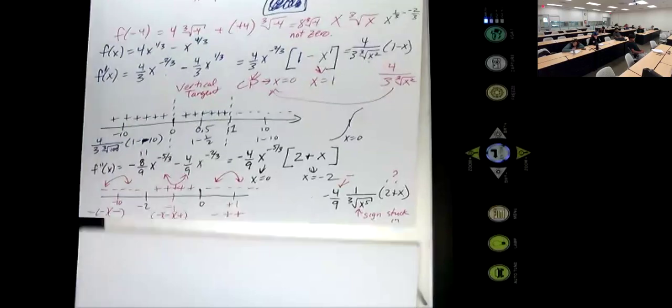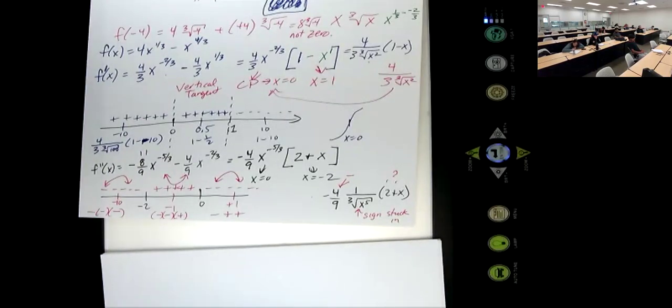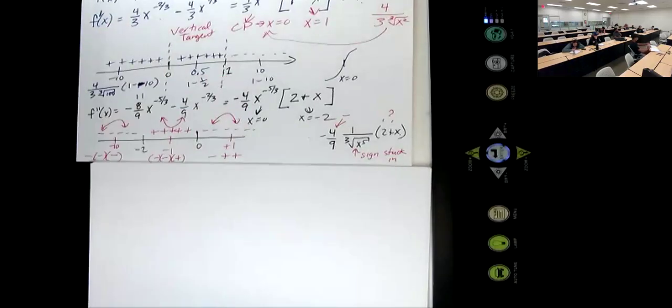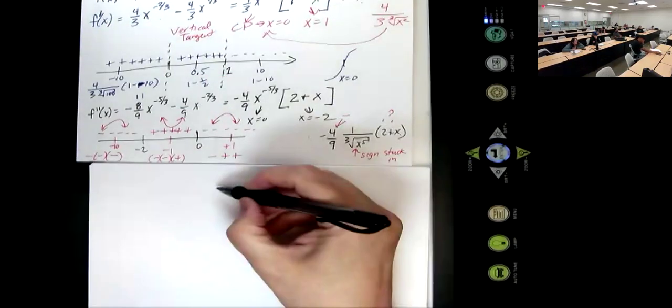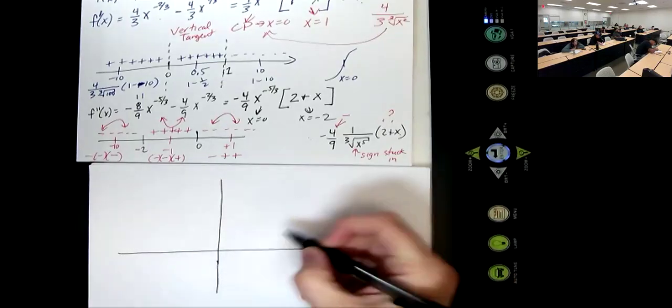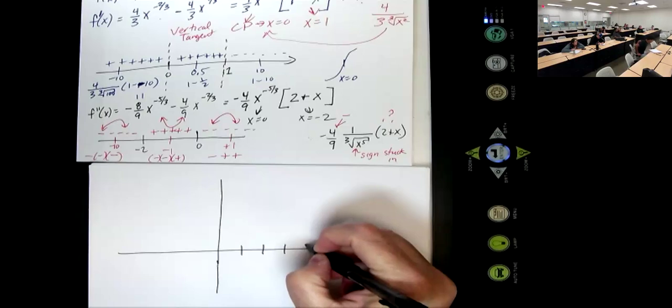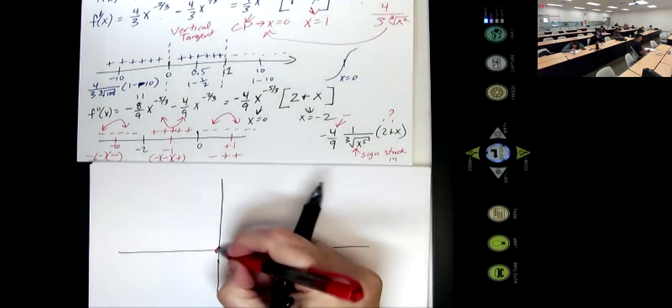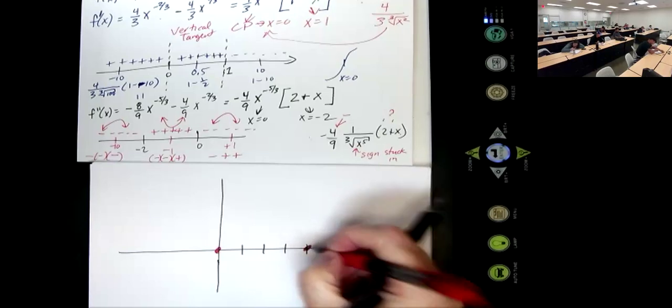Other than one thing. You're gonna see that as we start graphing it. We had asymptotes, or not asymptotes, we had intercepts here and there.